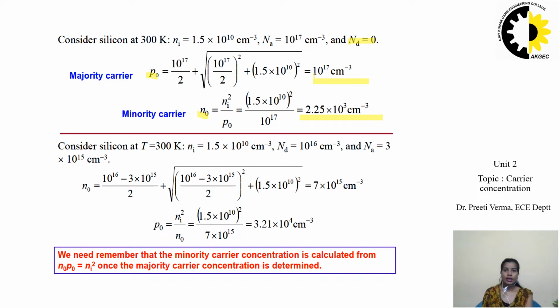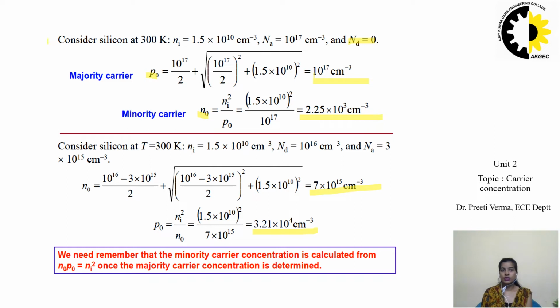So similarly, we can calculate it for different values of Ni and Nd. We found N naught as 7 × 10^15 per centimeter cube, and if I calculate P naught by putting in the same formula Ni square upon N naught, we get a value of 3.21 × 10^4. So we need to remember that the minority carrier concentration is calculated from N naught P naught is equal to Ni square once the majority carrier concentration is determined.